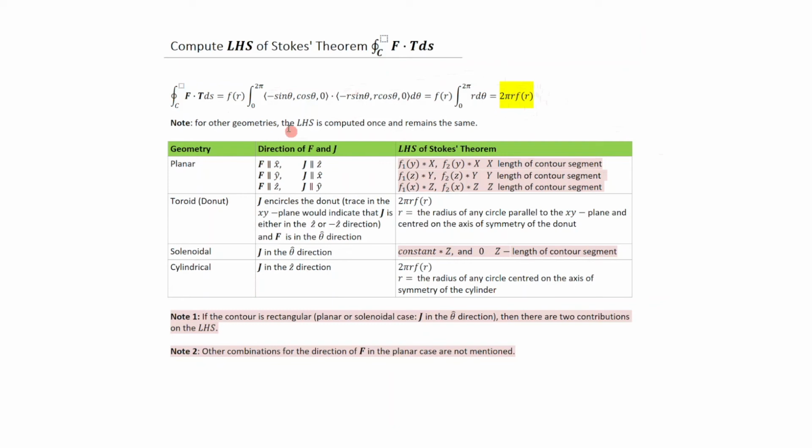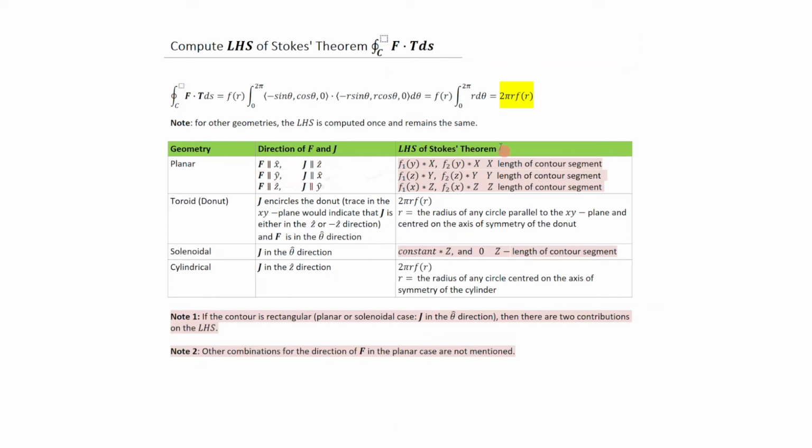Note, for other geometries, the left-hand side is computed once and remains the same. And so what I've shown here is a summary of the different cases. So for the planar case, which is an infinite plane, we can have, for instance, various combinations. I've just chosen to show you 3 here, but there are other combinations as well. So for example, direction of F and J, if F is parallel to the x-hat vector and J is parallel to the z-hat, right?